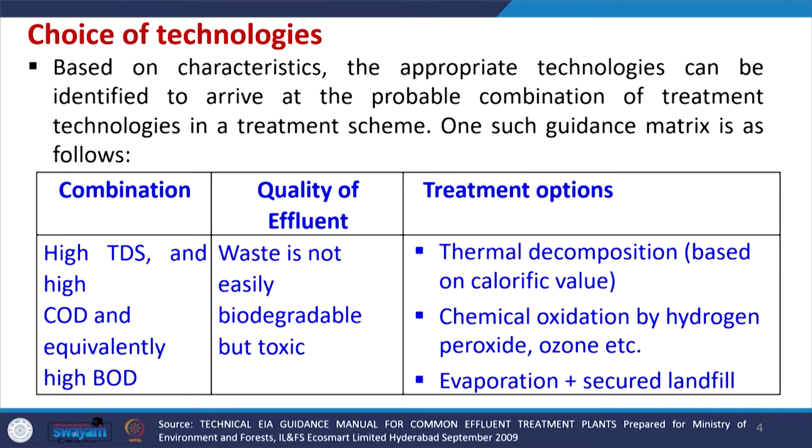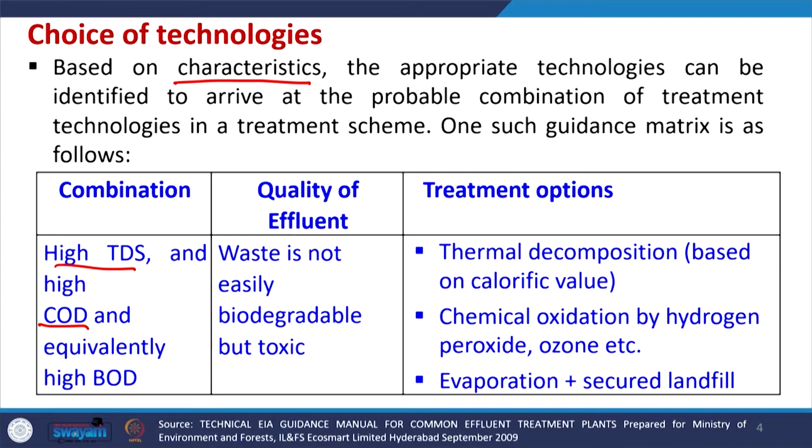The choice of technology will depend upon the characteristics of the water. The appropriate technologies can be identified to arrive at the probable combination of treatment technologies in a treatment scheme. There are different combinations possible. Suppose we have high TDS and high COD water, and equivalently high BOD also.